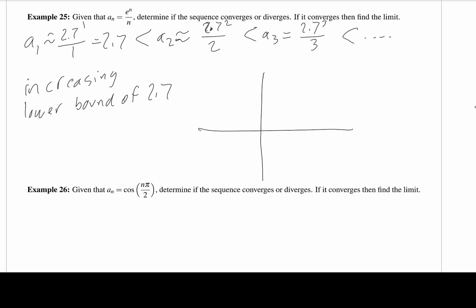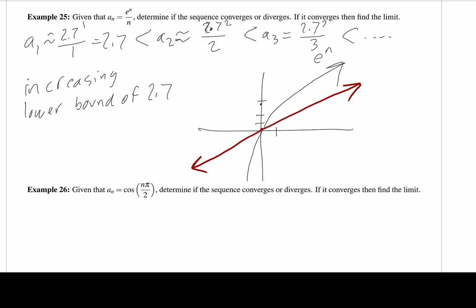Alright, e to the n should be at 2.7 when n is 1. So this is my e to the n graph, and this will be my just n graph, which is just a straight line.